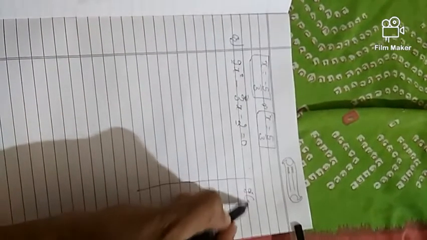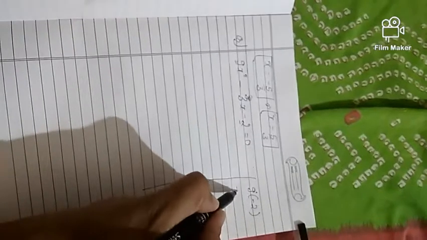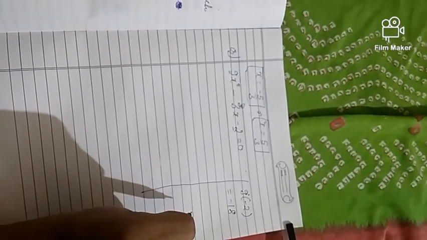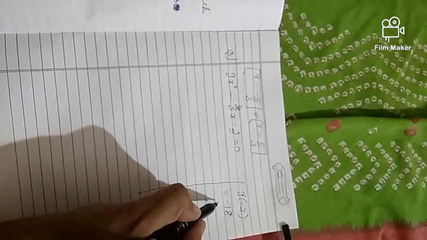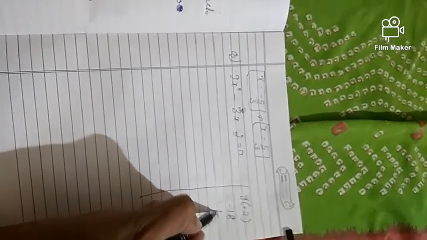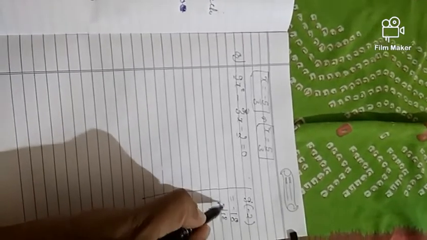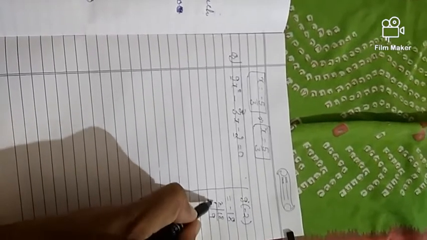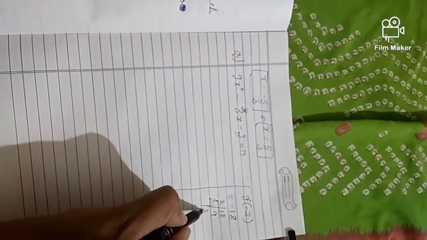So 9 into minus 2, what I get is minus of 18. Now I need to find the factors of this 18. So I am doing this 2, 9, 3, 3.